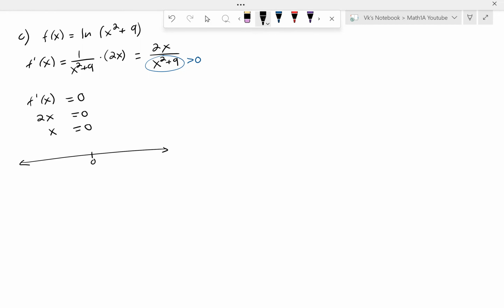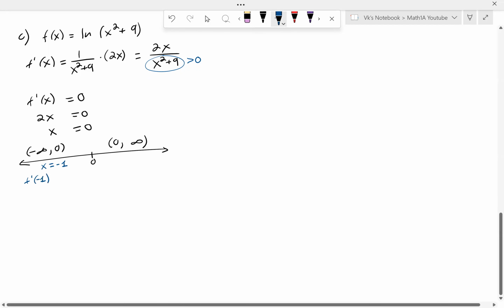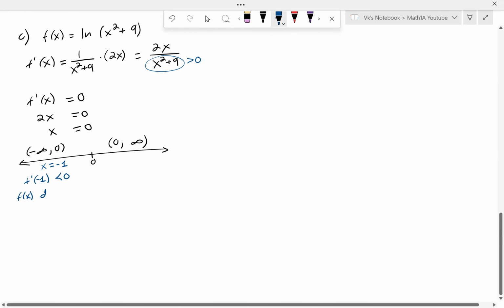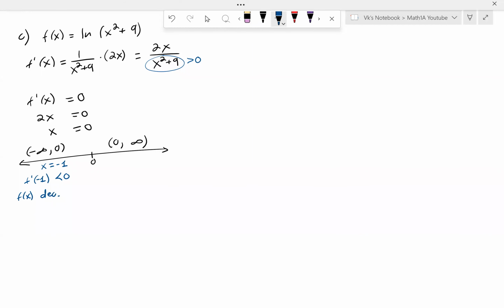Okay, 0. Negative infinity to 0, and 0 to infinity. Pick a test point, test it. Pick x equals -1. Then f prime of -1, well, it's negative, less than 0. f(x) is decreasing from negative infinity to 0.